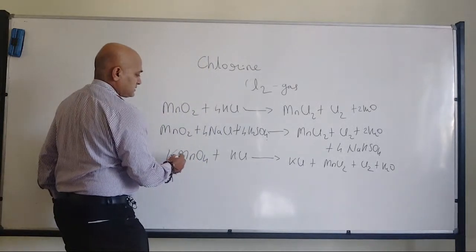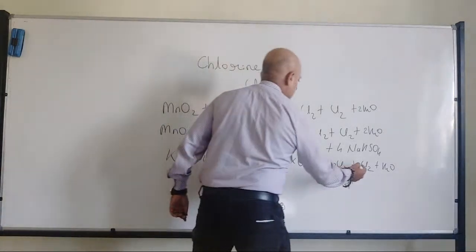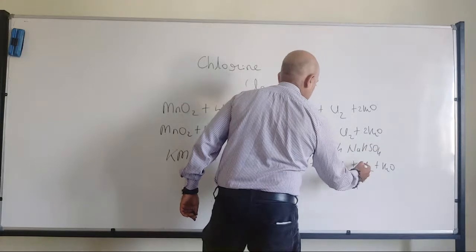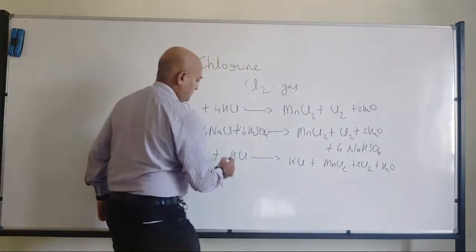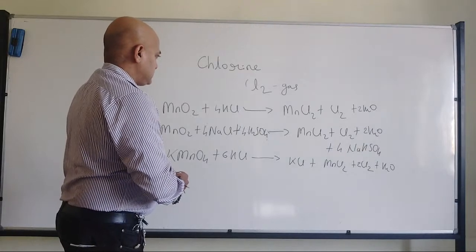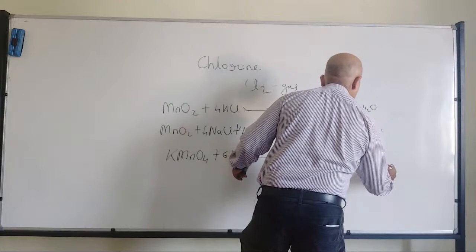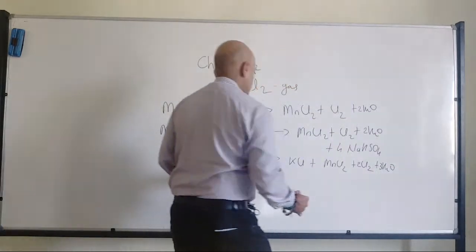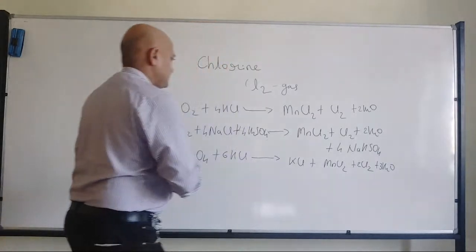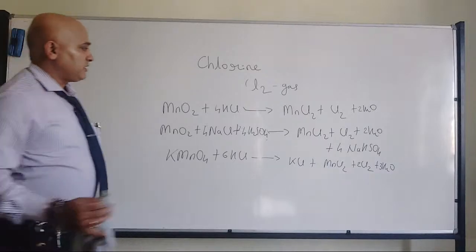So in that case, I'll make it 6. Now 6 HCl is there. Oh, I think it's balanced, no? So here I should make it 3. So 3. Okay, oxygen will not get balanced.